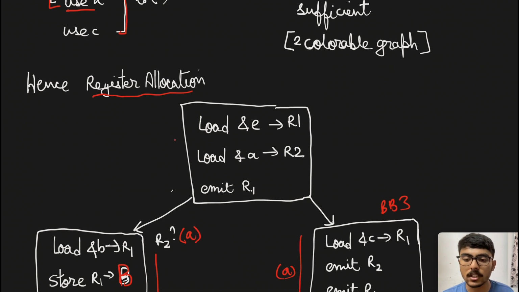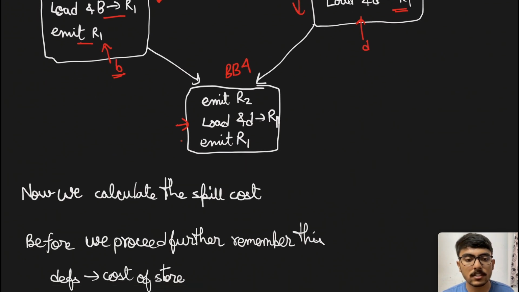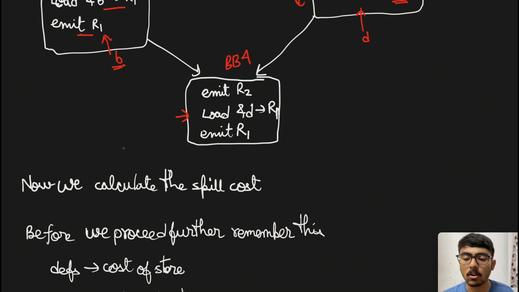Now we come to the next part. The next part is the spill cost. Spill cost is what? Each time you load or store a value into the memory or back into the register, you are using cycles, right? And cycle means time. That time is basically the spill cost. Sorry, I made a spelling mistake here.